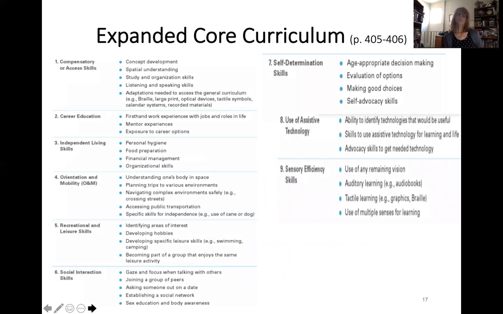Do we need to provide different tactile learning platforms like Braille or different types of graphics, magnifiers, etc. So at some point in time, take a stop and look at these different things, because again, it has to do with a variety of learning opportunities and curriculum that we provide our students.